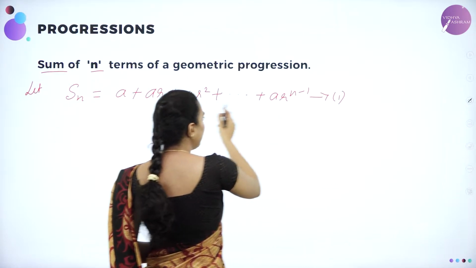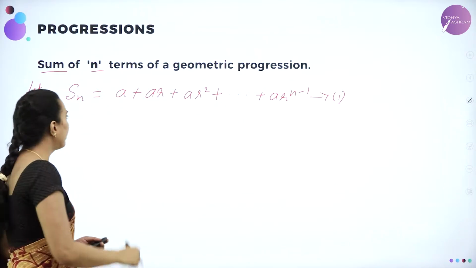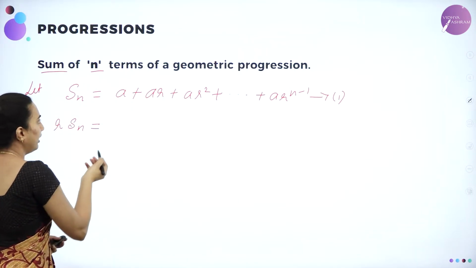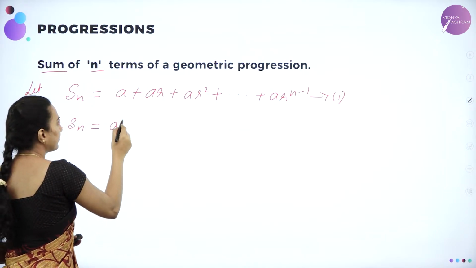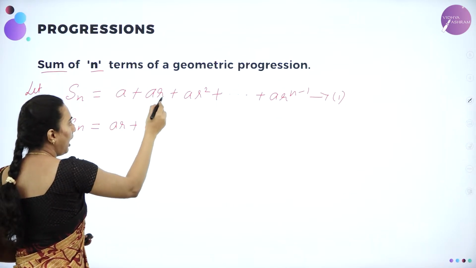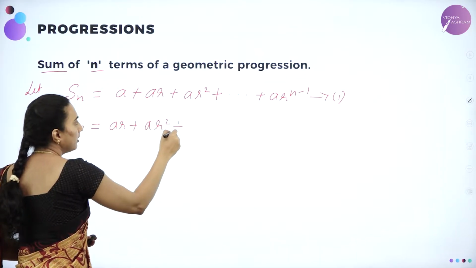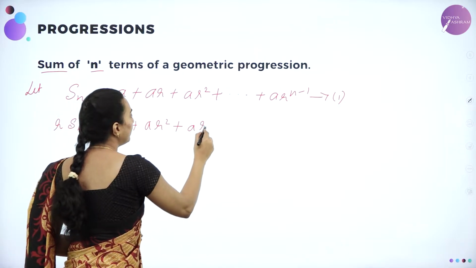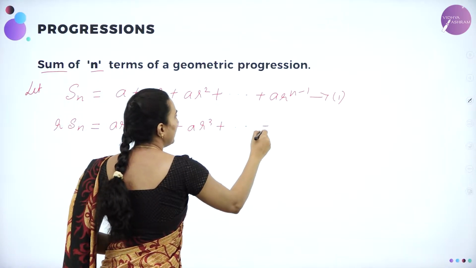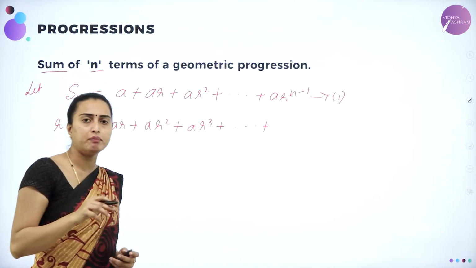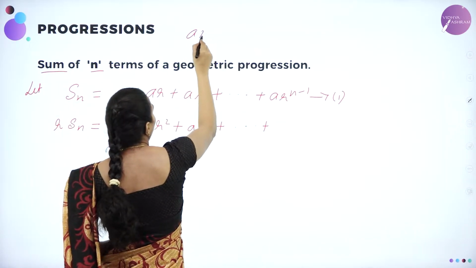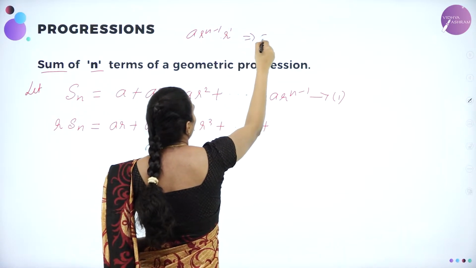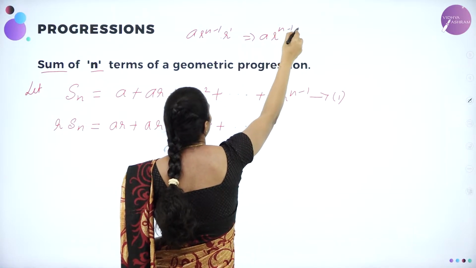So, again multiplying equation 1 by r, which implies multiplying by r into Sn. This is AR, plus AR into r is AR squared, plus AR squared into r is AR cube, plus etc., plus AR to the power of n minus 1 into r to the power of 1, which implies AR to the power of n minus 1 plus 1.